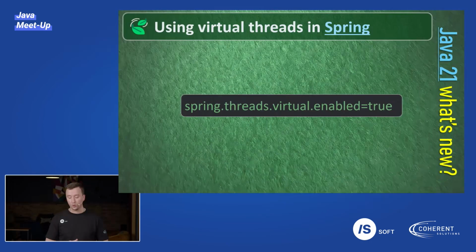In previous versions of Spring, you were able to do that, but with creating some additional beans and doing some additional work. However, since version 3.2, you can turn it on using only one property, spring.threads.virtual.enabled equals true.